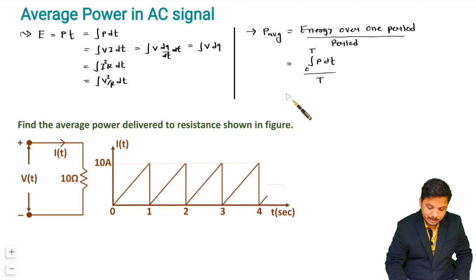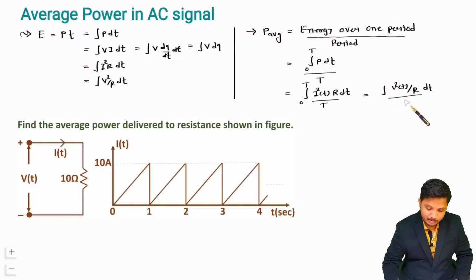If it is given in terms of current, then you will have I square of t into R dt divided by period T. And if it is given in terms of voltage, then you will have V square of t divided by R, dt, divided by period, where time ranges from 0 to T, right?